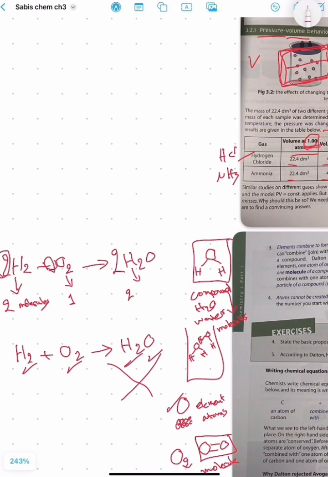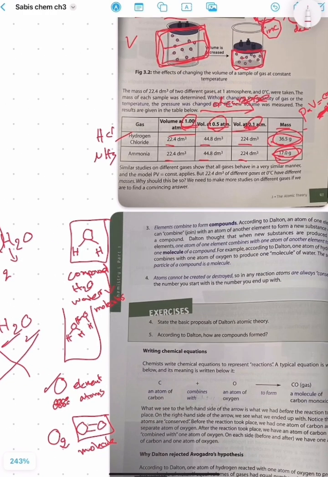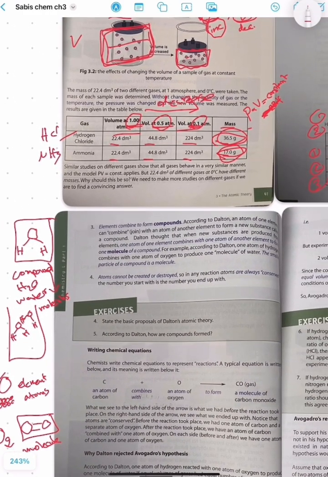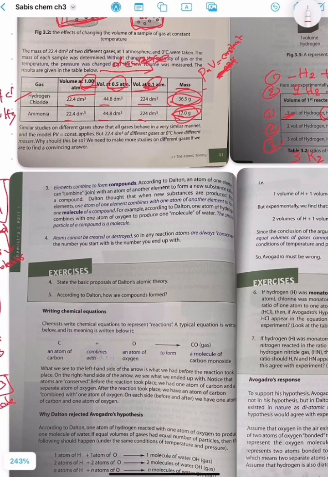We change these numbers right beside them, the number of molecules. Later you'll talk about the steps on how to balance chemical reactions. But know that you cannot create atoms and you cannot destroy them. They are always conserved. This was about Dalton's atomic theory, his points.